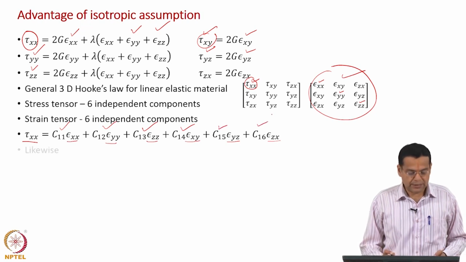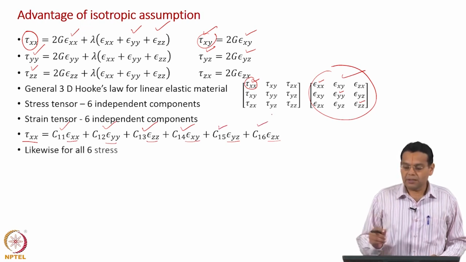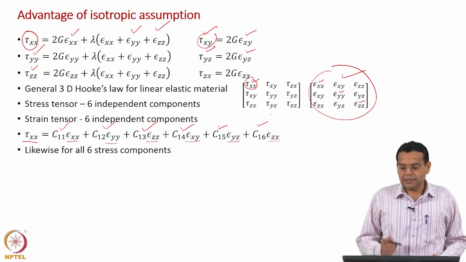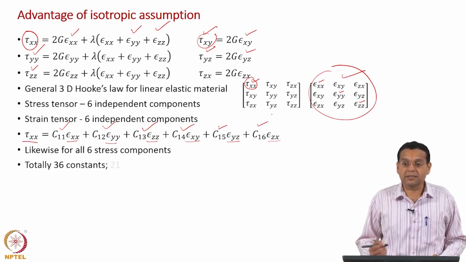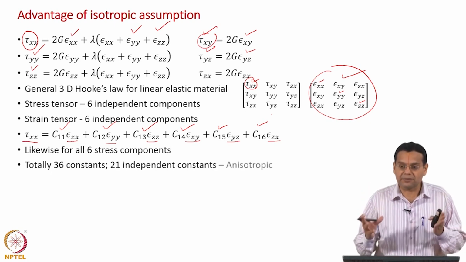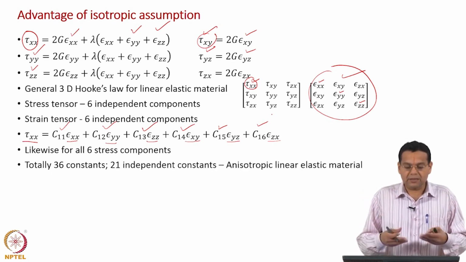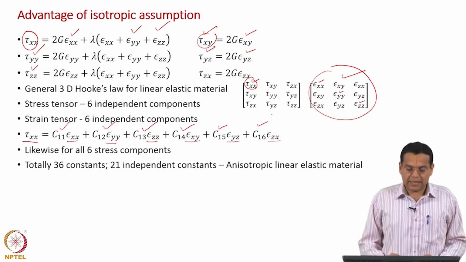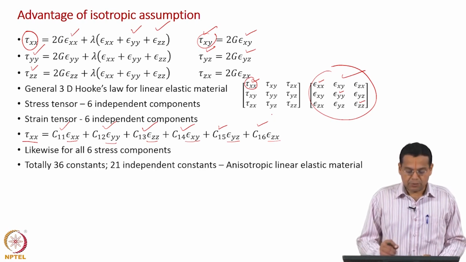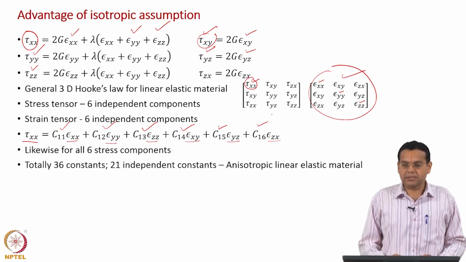Likewise, I can write for all 6 independent stress tensor components, which means I will have a total of 36 constants, or 36 properties. These constants are nothing but properties, but you can prove that 15 are dependent and only 21 are independent constants.